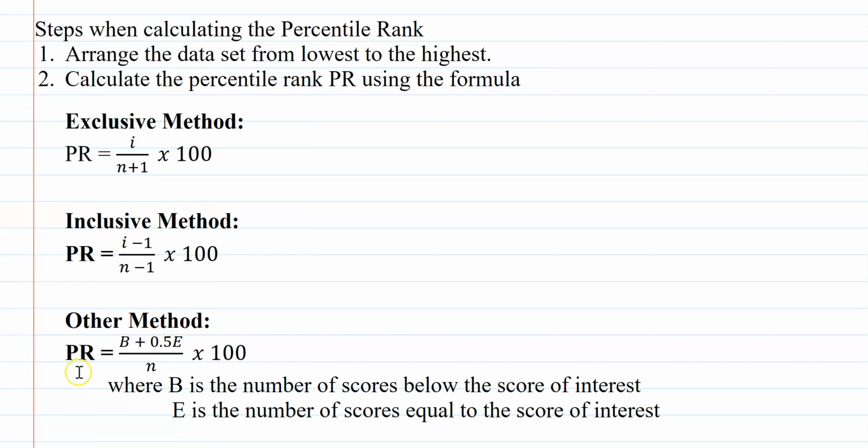And for the other method, our formula is PR equals B plus 0.5E over n, times 100, where B is equal to the number of scores below the score that you want to calculate the percentile rank for, and E is equal to the number of scores equal to that score. Now let's take a look at an example.